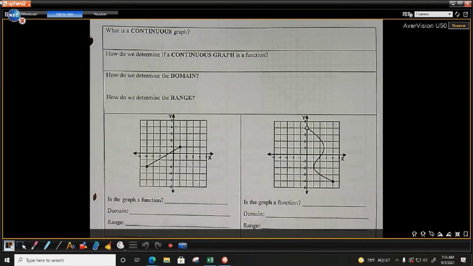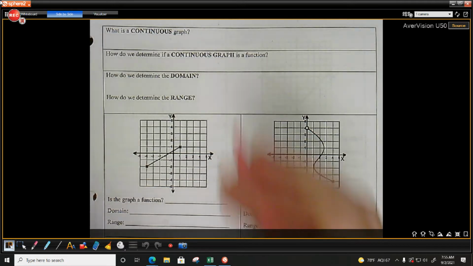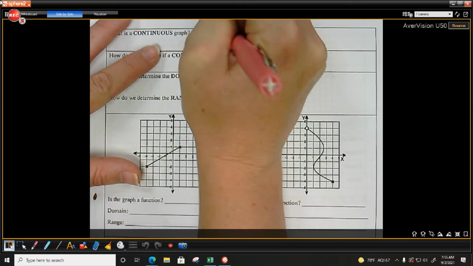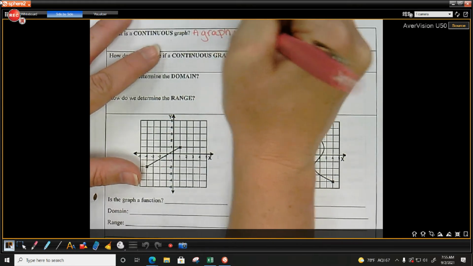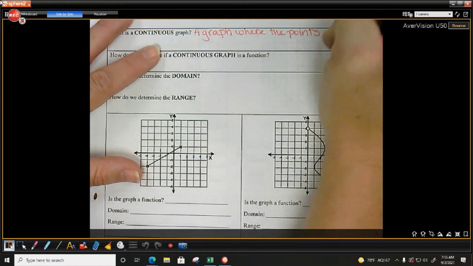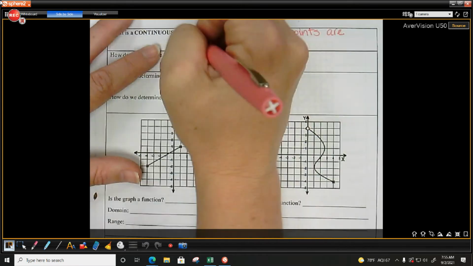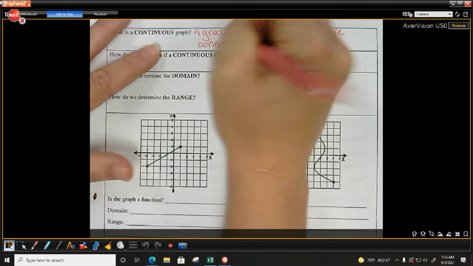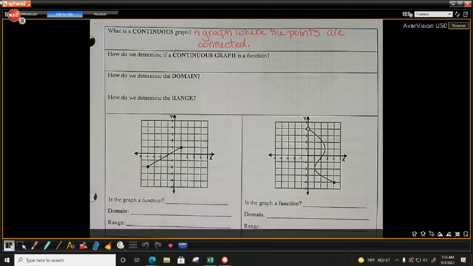So a continuous graph is a graph where the points are connected. Continue, connect, discrete dots.